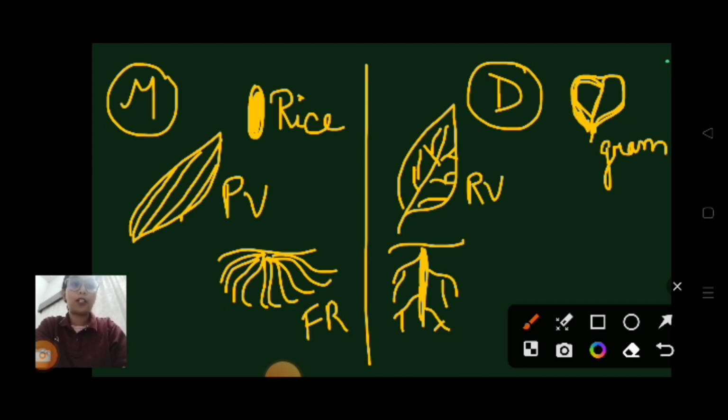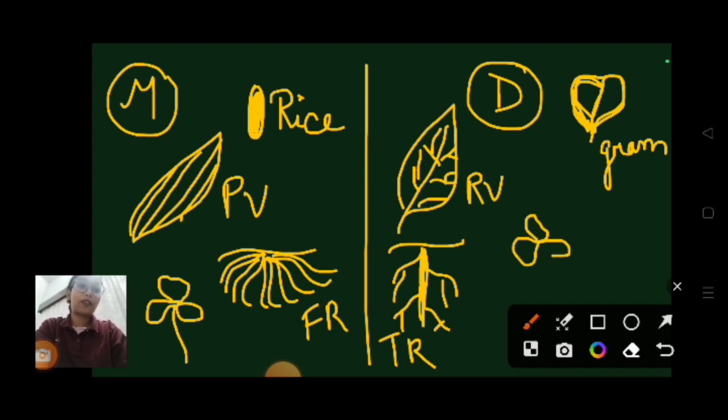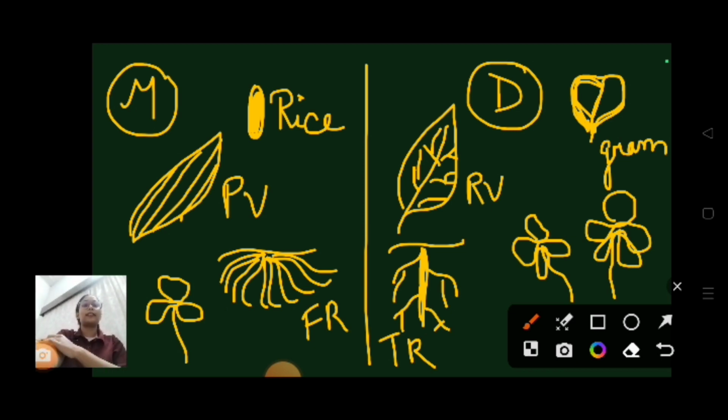They have trimerous flowers, meaning 3 petals, and they will have tetramerous, tetra meaning 4 petals, or pentamerous, 5 petals. Is it clear? This one is in case of monocotyledons, and this one in case of dicotyledons.